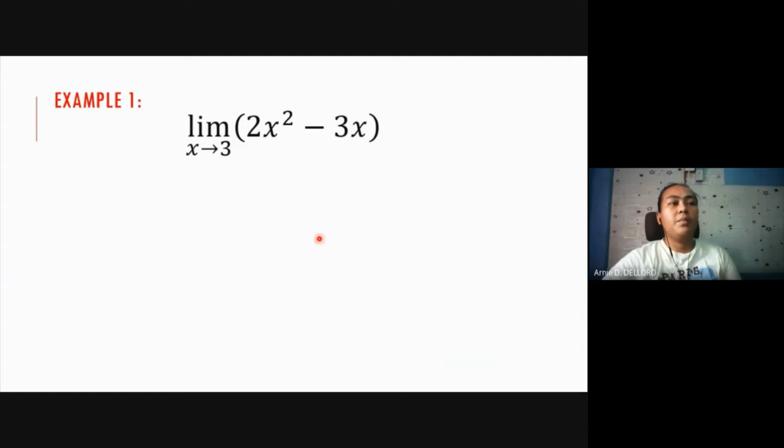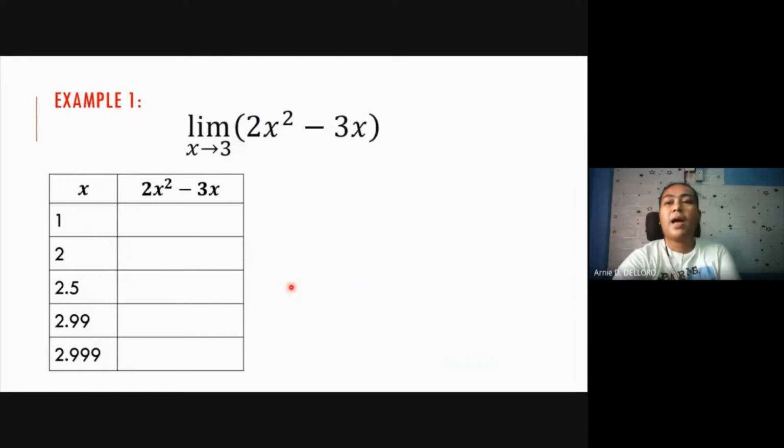Determine the limit of 2x squared minus 3x as x approaches 3. The question now is, at what value does 2x squared minus 3x approach as x approaches 3? Let's first take the values to the left of 3, those less than 3.